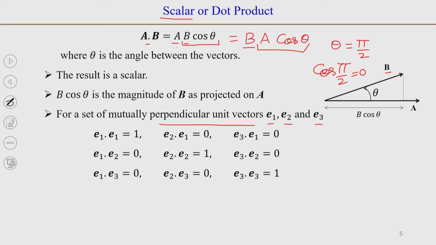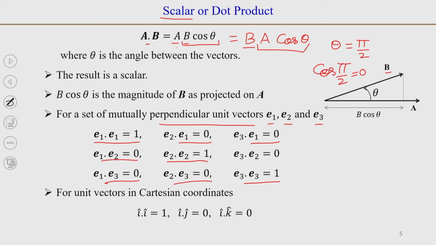So, when a unit vector is multiplied by itself, the dot product is 1, and when it is multiplied by other unit components, of course, we are talking about 3 perpendicular unit vectors, then in these cases their dot product is 0.